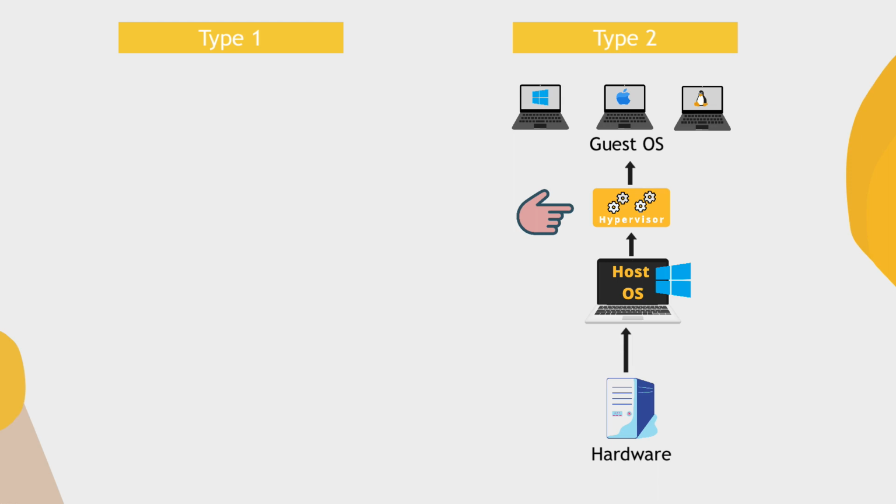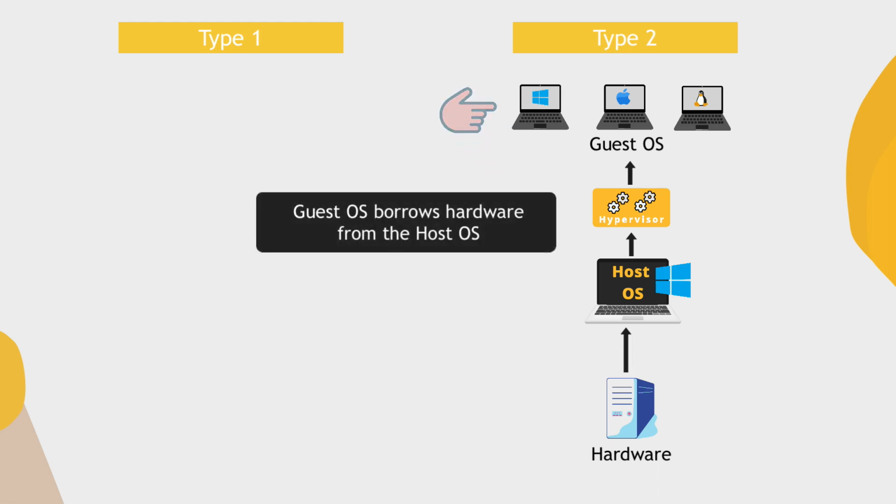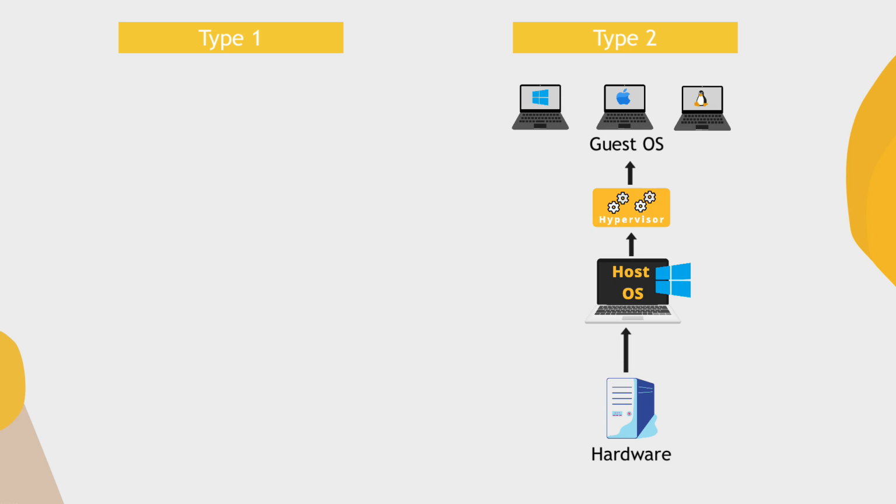So on Windows, you install VirtualBox, and then using VirtualBox, you can now install guest operating systems. And the guest operating systems, as I said, will borrow the hardware resources from the host operating system. And the type 2 hypervisors are typically used for personal computers for the use cases that I just described.